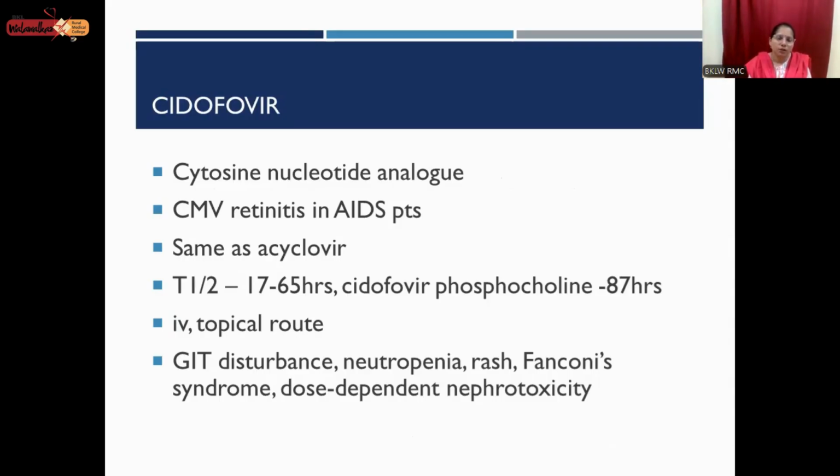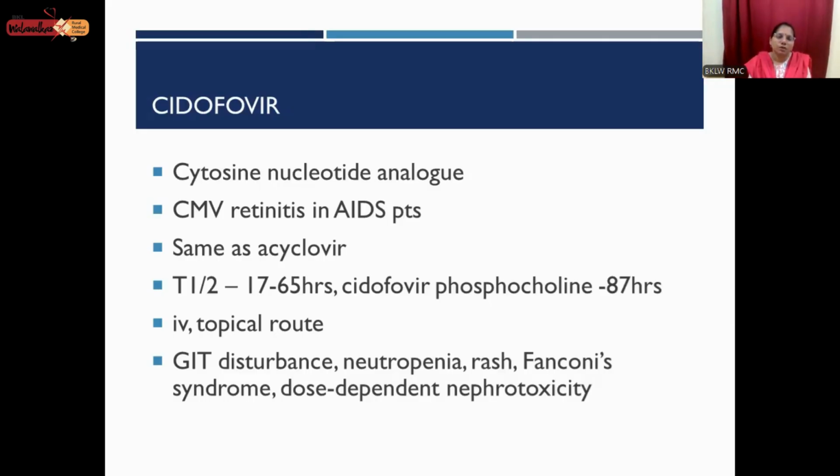Its half life is 17 to 65 hours, but its metabolite, cidofovir phosphocholine, has a half life of 87 hours. So it is very long, and frequent administration is not required.